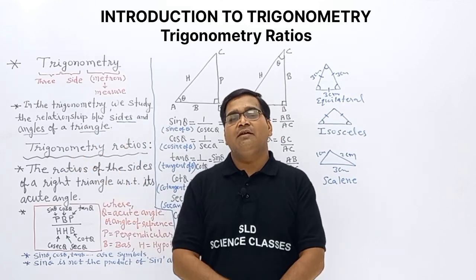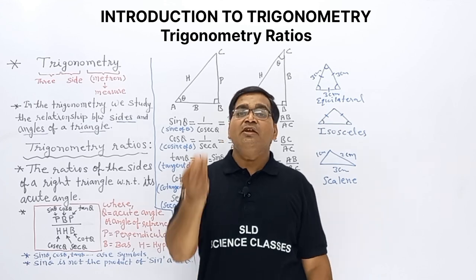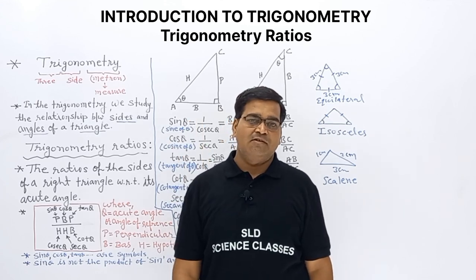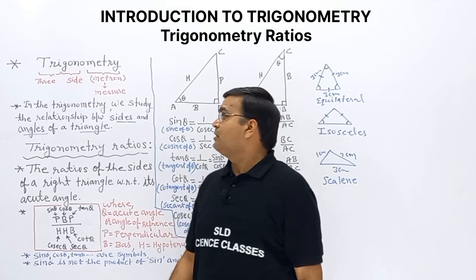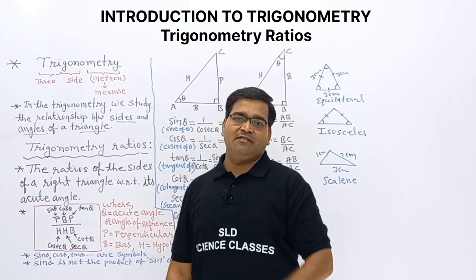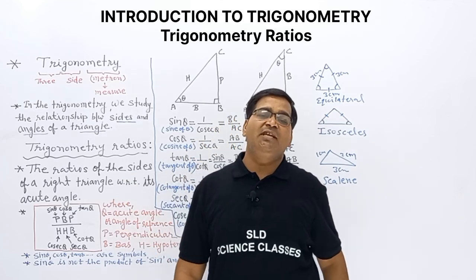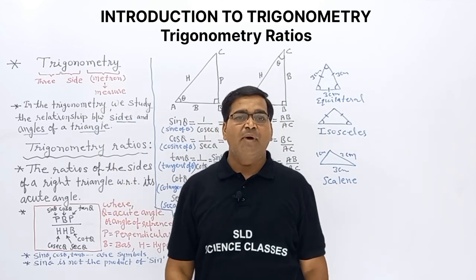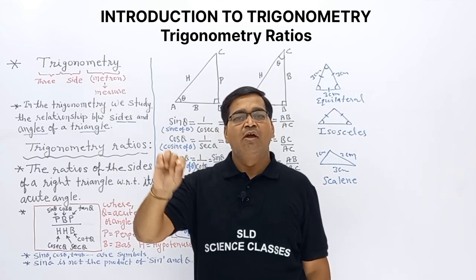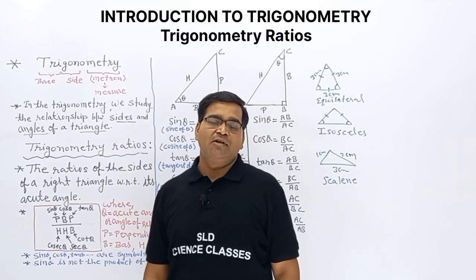We have 6 trigonometry functions, which we will discuss later. And in the last exercise, exercise 8.3, we have trigonometry identities. By using these identities, we will solve some questions.